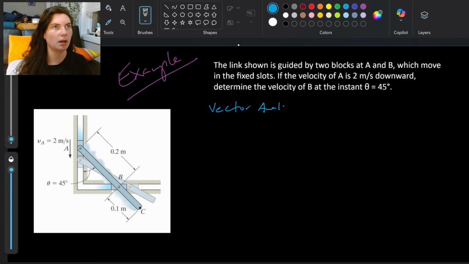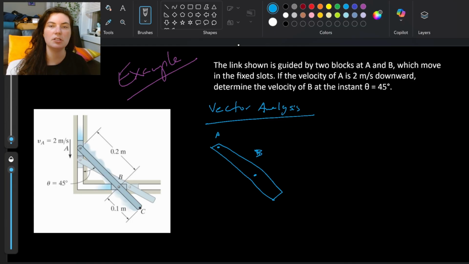So approaching this problem with vector analysis, let's start with my kinematic diagram where we have this bar AB. Got point A over here, and then point B, this time not quite at the end of the bar as we've been talking about, but just another point on the bar there.